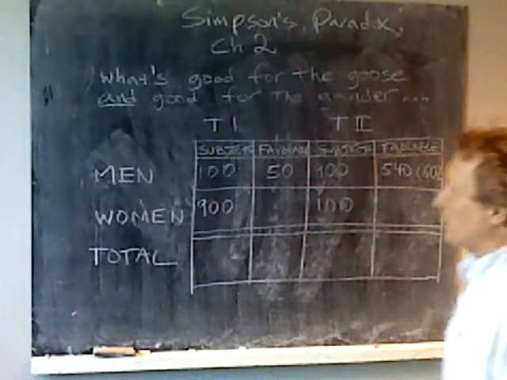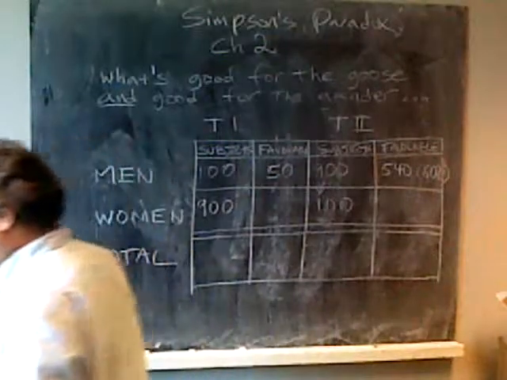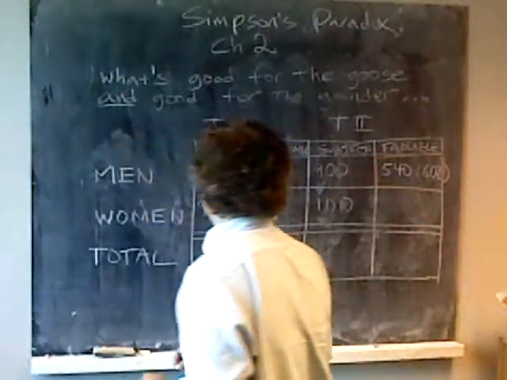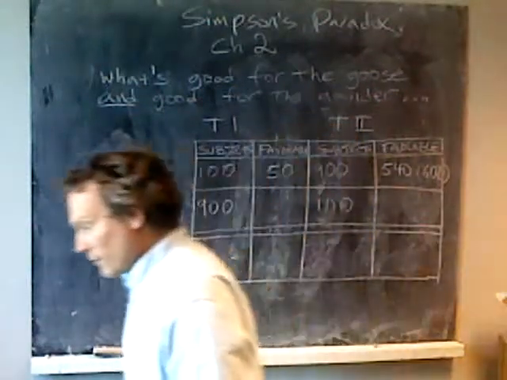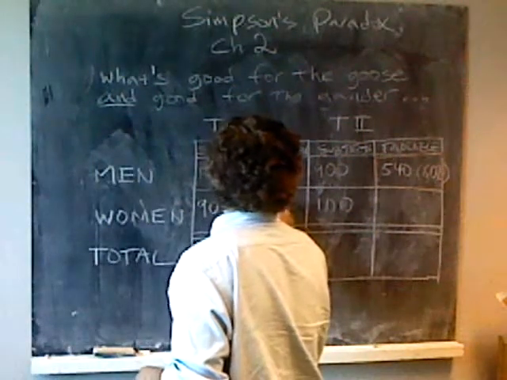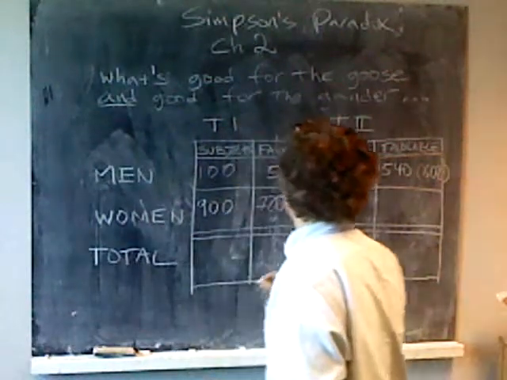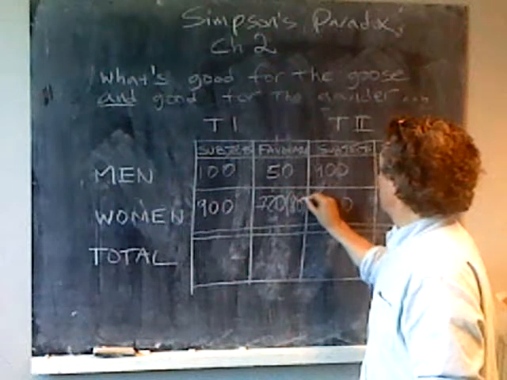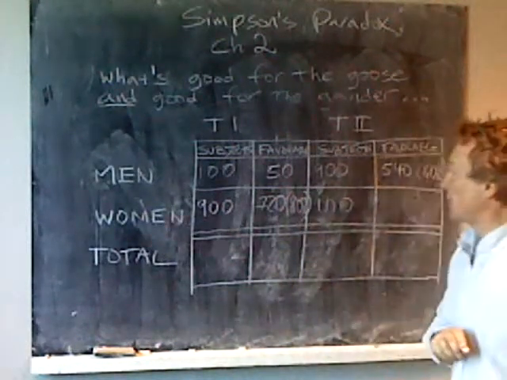Now, let's look at the women. So for the women, 900 of the women took treatment 1, and of those, 720 responded favorably, and just so you know, that's an 80% favorable response rate.